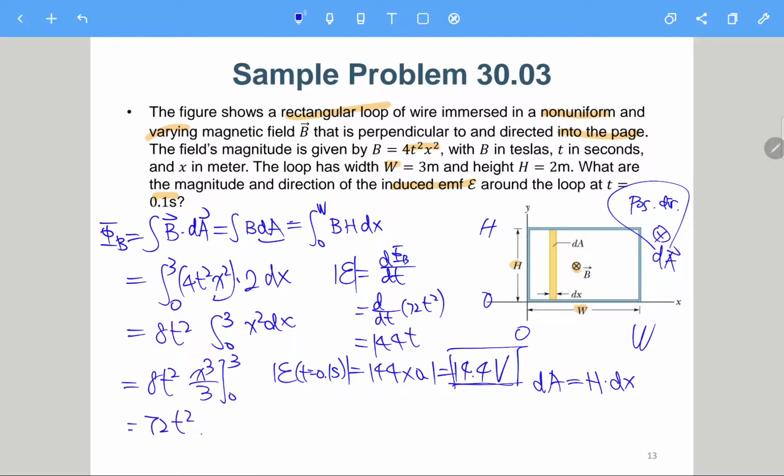You can simply check that phi B is increasing: if you plug in 1, it is 4x squared, and if you plug in 2, it is 16x squared. So phi B is increasing with respect to time, which means the magnetic flux is increasing into the page. So the induced B field should be out of the page.